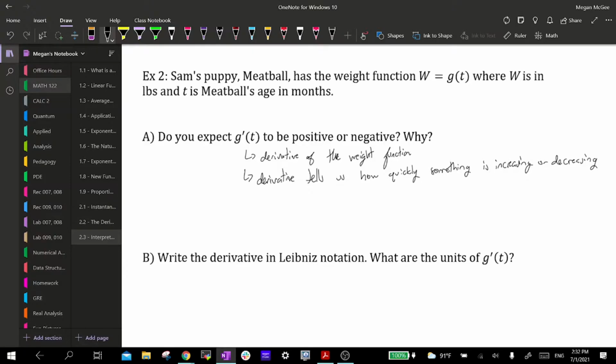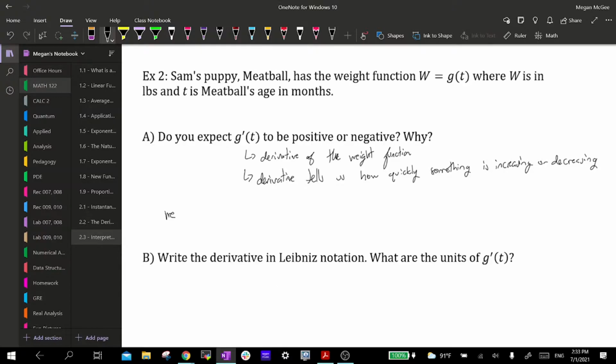Okay, so Meatball is a puppy. A puppy is still in its growing phase of becoming a full-grown dog. So do we expect his weight to be increasing or decreasing? If we expect his weight to be increasing, it would make sense that our derivative is positive.